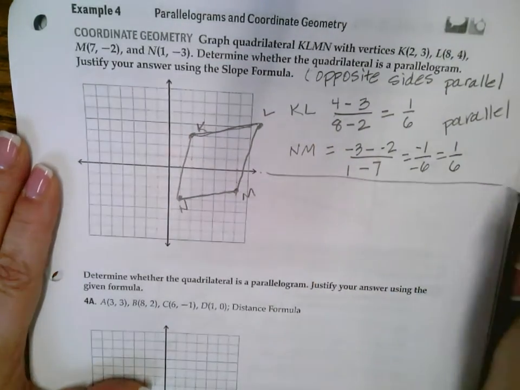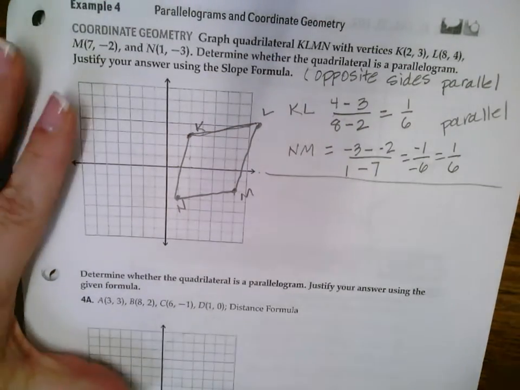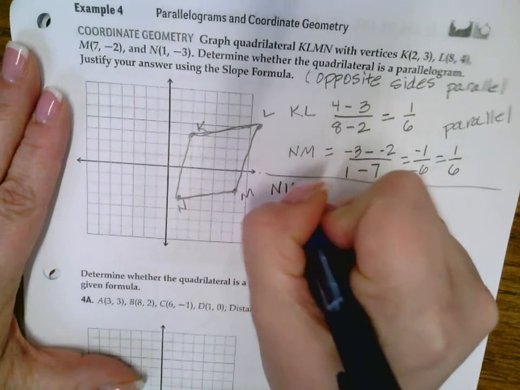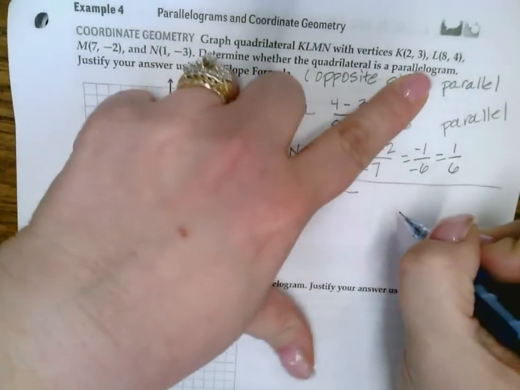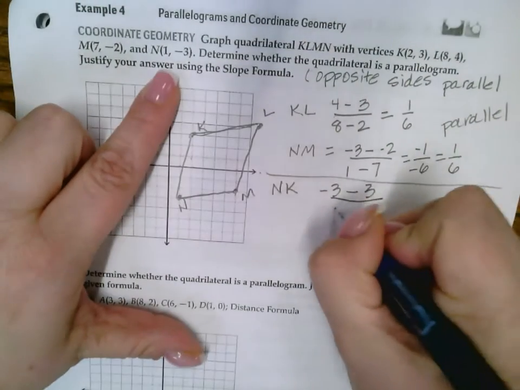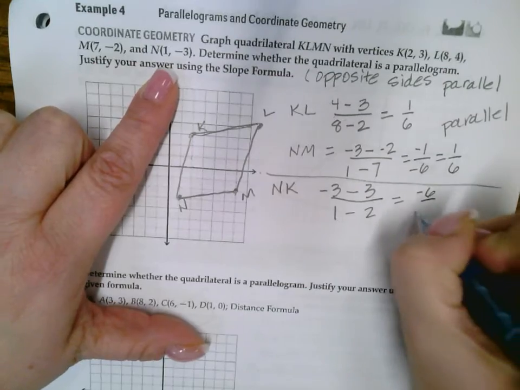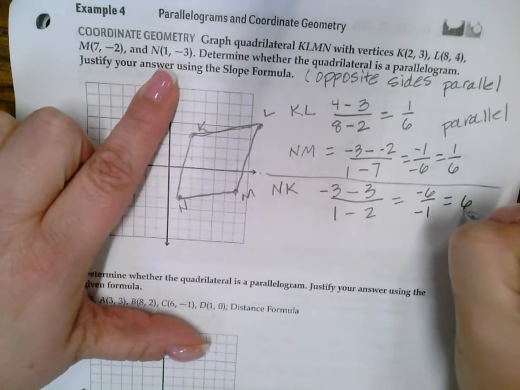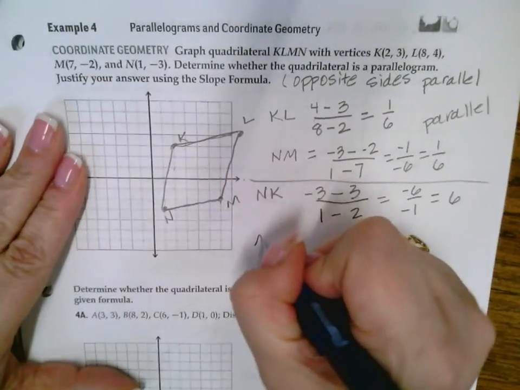But it is possible for a quadrilateral to only have one pair of parallel sides, and that would be then a trapezoid. So I'm going to try NK. So -3 minus 3 and 1 minus 2, 6. And I'm going to try ML, do that slope.